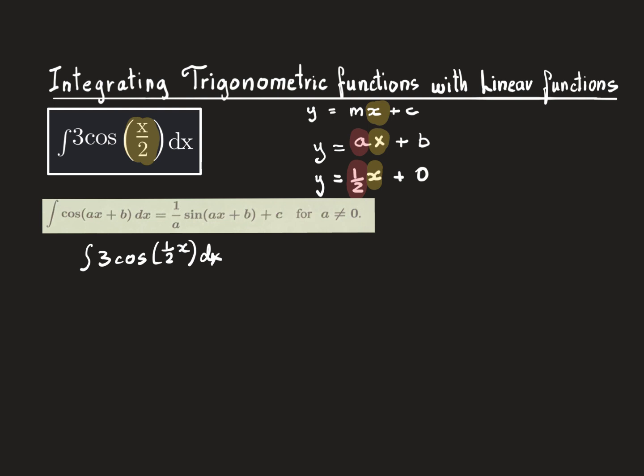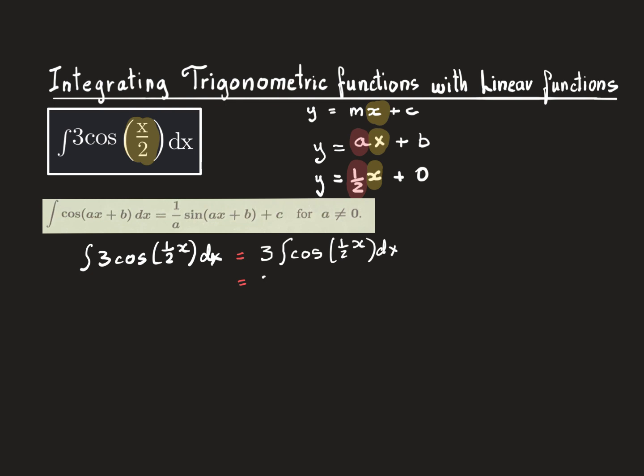For our purposes, the 3 really can be taken outside of this integral, and we can start again. Cos half x dx. So now we can start integrating, and notice that the half is now our a, and we will put it 1 over a.